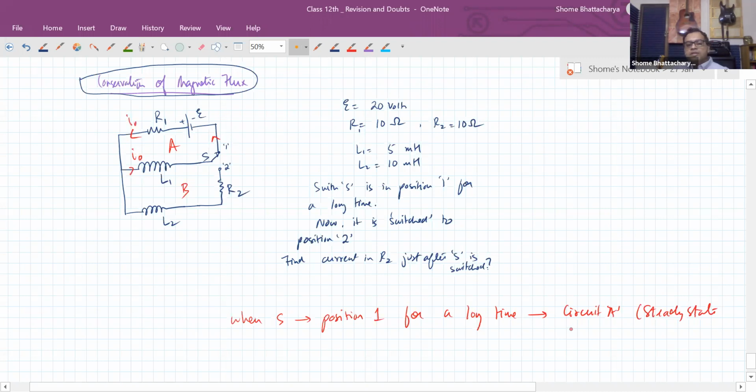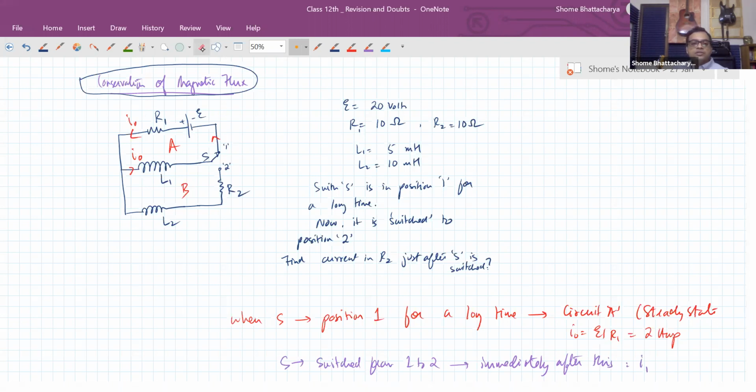I naught, as you know, will be E by R1, so that will be 2 amperes. Now the switch is switched from 1 to 2. And immediately after that, let's say the current is I1. So I switch this to this position.